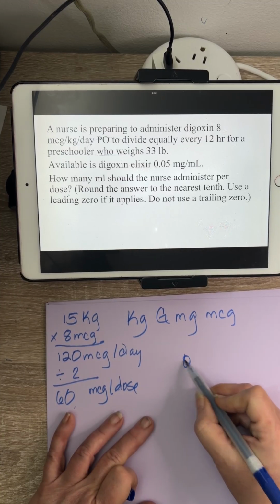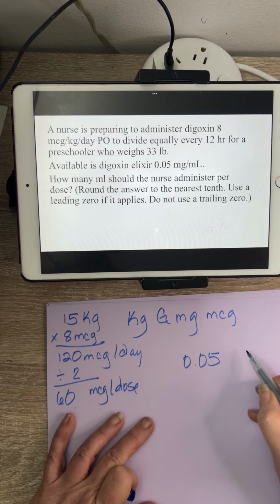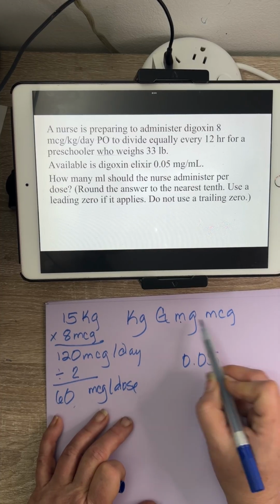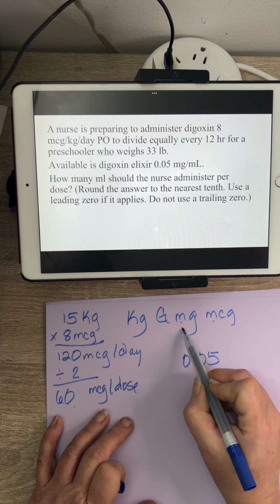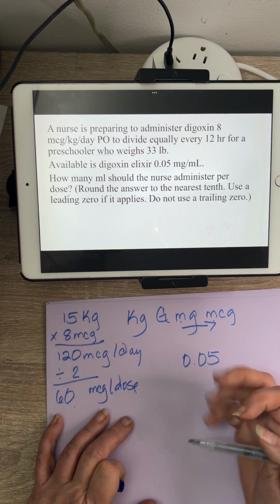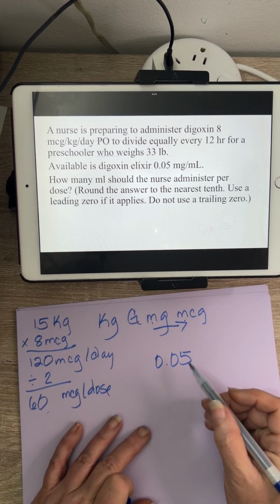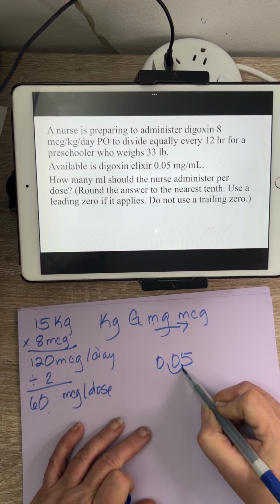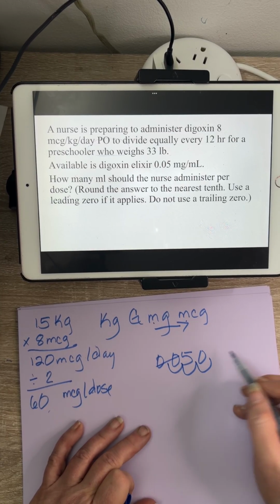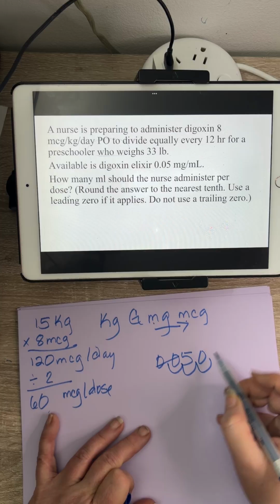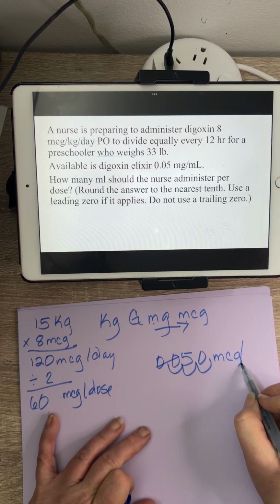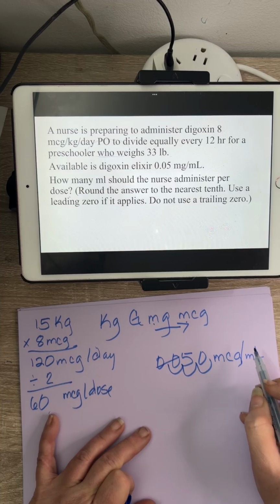So if we have 0.05 milligrams, and we have micrograms here, milligrams to micrograms, this tells you which way to move your decimal. You have to remember it's 3 places. So we're going to go 1, 2, 3. We're going to drop them zeros. So this will now be 50 micrograms per milliliter.